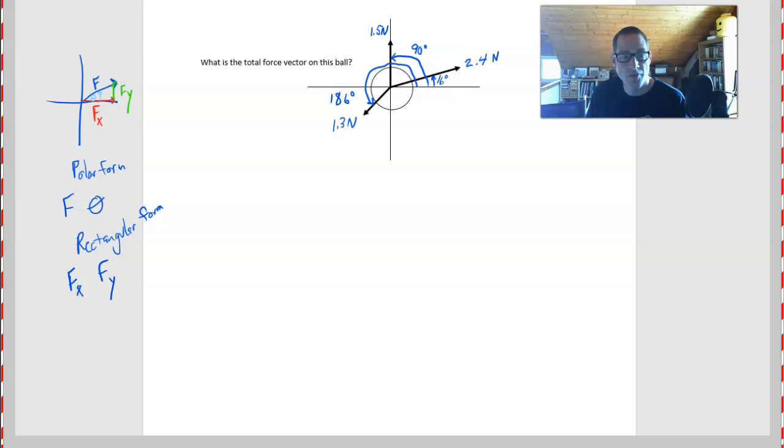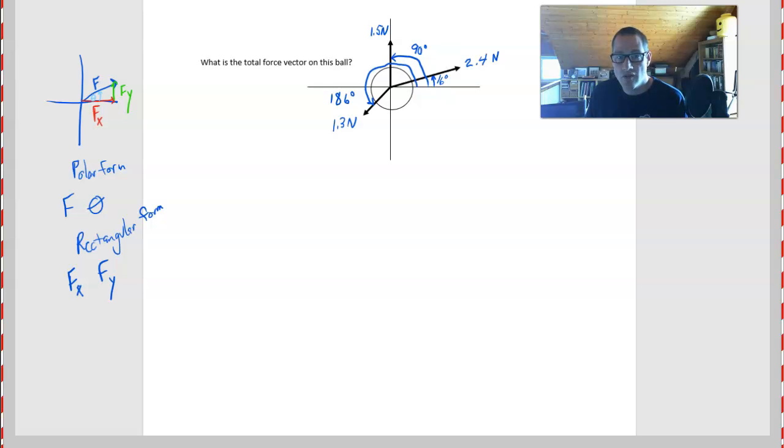Okay, that's an x there. And so I'm going to show you how to go back and forth from one to another. Essentially, these are all given in polar form with a magnitude and direction. We're going to convert them all into rectangular form, and then add them all up, and then convert the sum back to polar form, and then we'll have our resulting force on this ball.